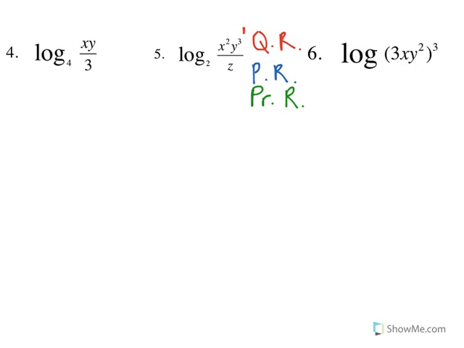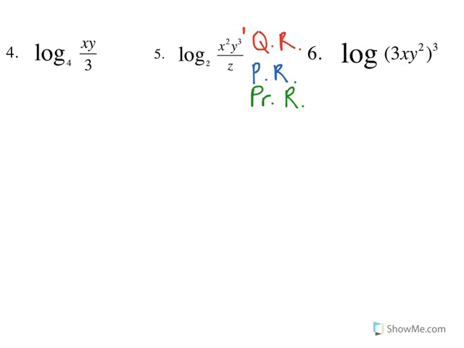Then the next part is kind of the tricky part to me, is which one do I do first? Do I pull the powers or do I do the product rule? Here's what you need to keep in mind. Does the squared power apply to everything in the numerator? No. So if you try to pull a 2 in front of that log, then it's going to mess the problem up because the 2 is not a power for x and for y.